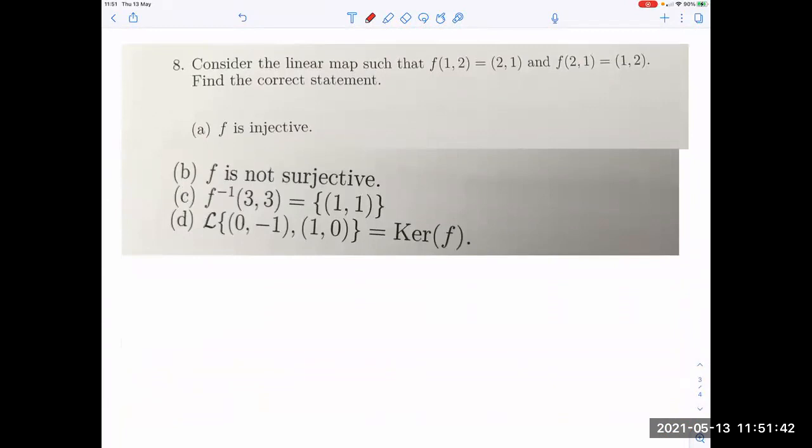So this linear map goes from R2 into R2. Here is what it does. And now we want to decide whether it is or not injective, surjective, preimage of 3,3, and kernel.